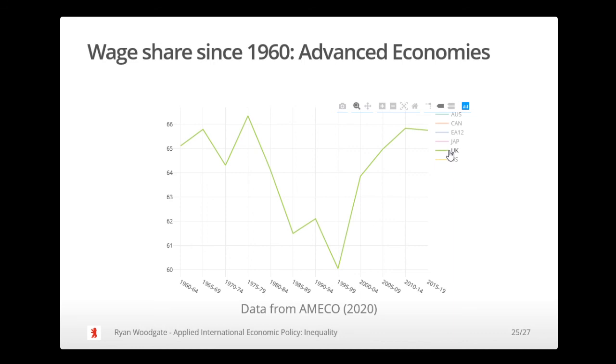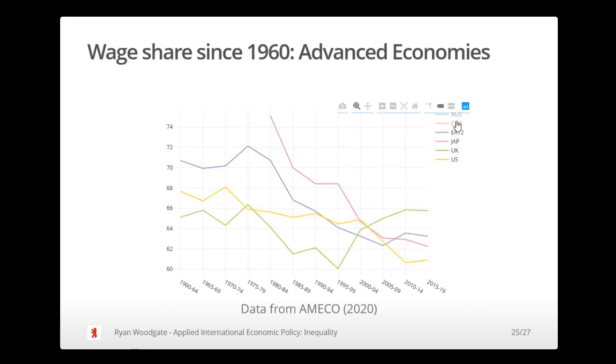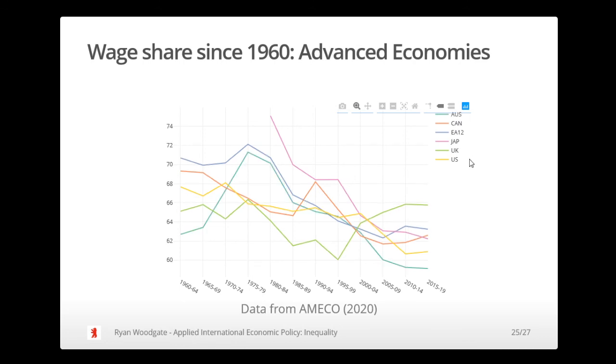Although in many other measures of inequality, the UK has grown much more unequal too. Okay, so we see that by functional income measures, the world has become a lot more unequal. Labor, despite being the majority of the population, is increasingly getting less of total national income.